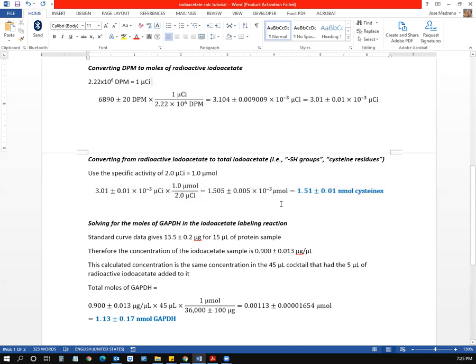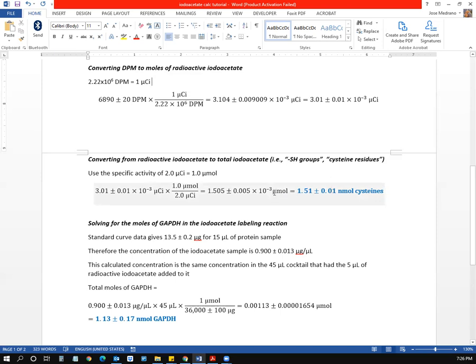Now we're going from microcuries to micromoles. This is where I've left the calculated answer in scientific notation, 1.505 plus or minus 0.005 times 10 to the minus 3 micromoles, which I then rounded in two steps to be in accordance with 3 significant figures.